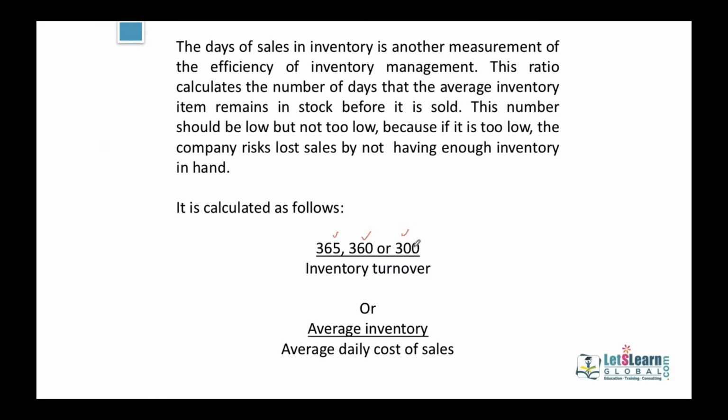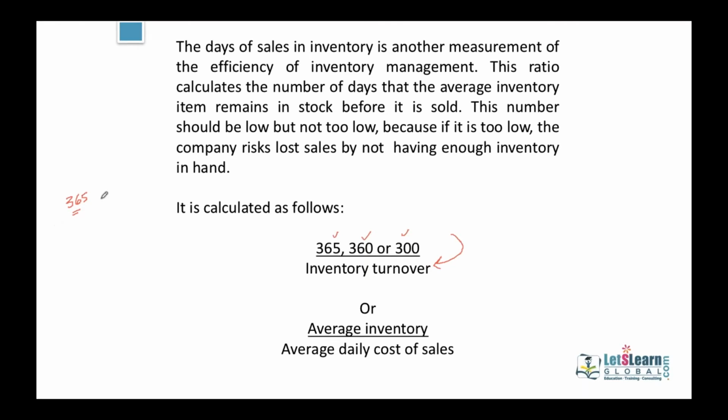The formula uses 365 or 360 or 300. Let me explain about this. Take the inventory turnover you calculated in the previous calculation: 365, 360 or 300 divided by inventory turnover will give you the number of days. What is this 365, 360, 300? See, 365 is the calendar number of days.